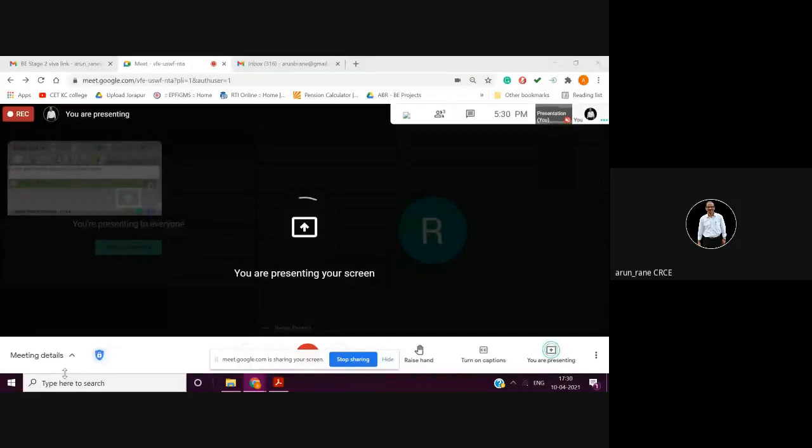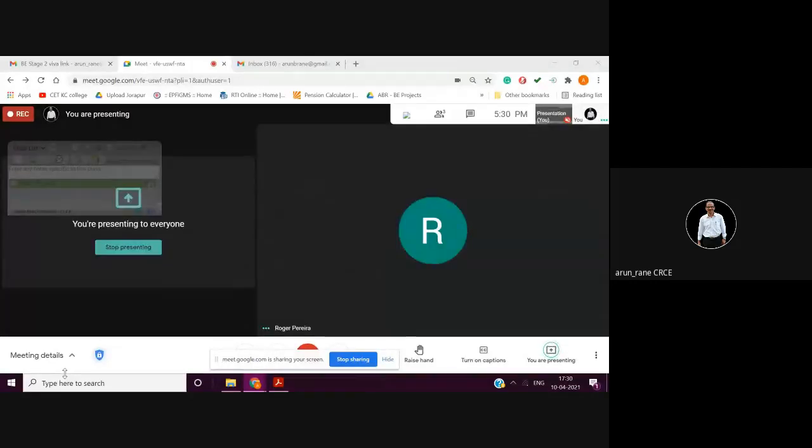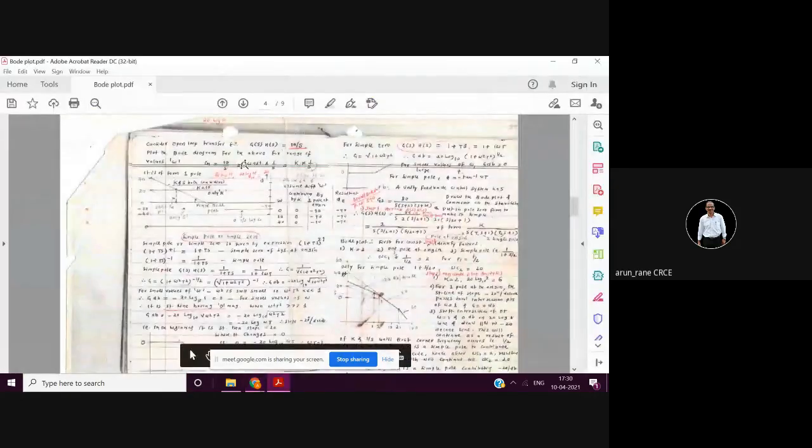Okay, wait, let me see. Can you see this cursor now? Yes, sir.